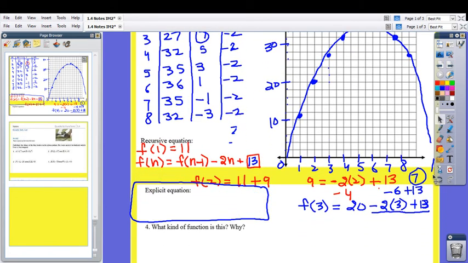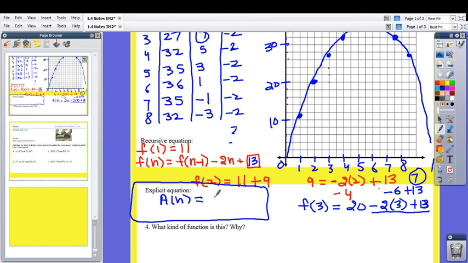Now this one is what we figured out was, if we multiply two sides, then you get the area. If one side is n, then the other side will be 12 take away n. So then a of n will be 12n take away n squared.